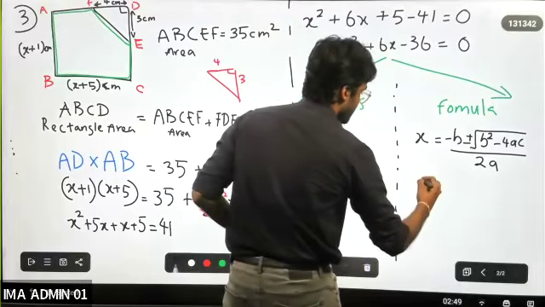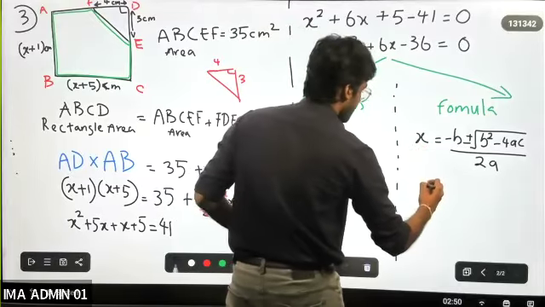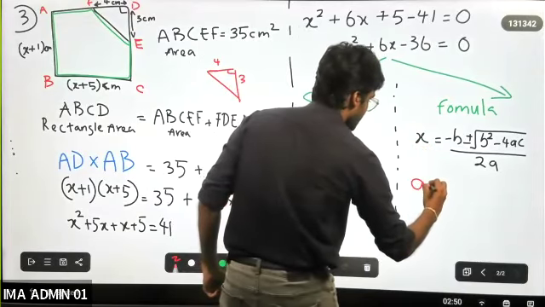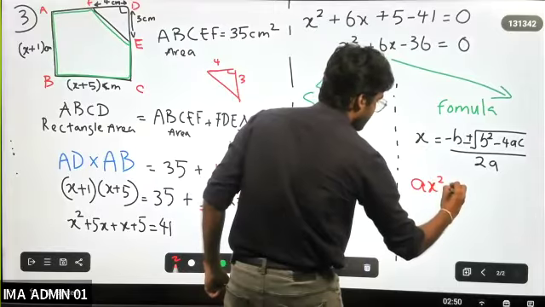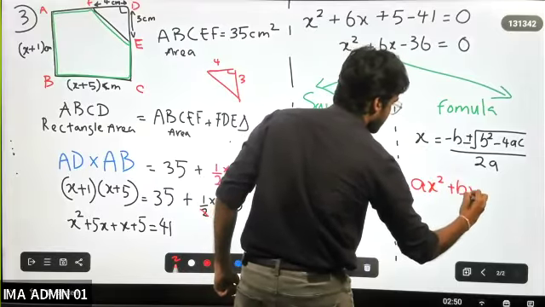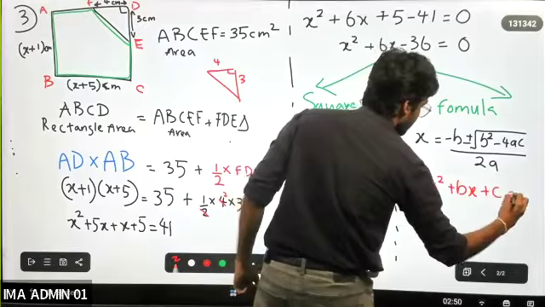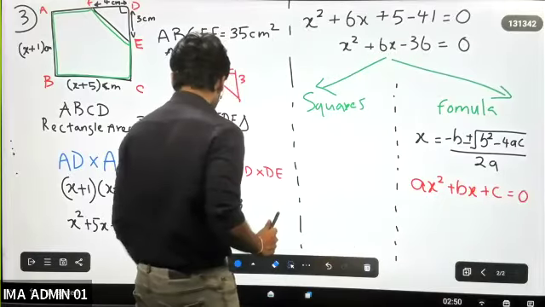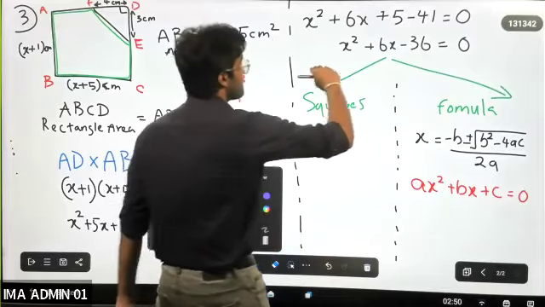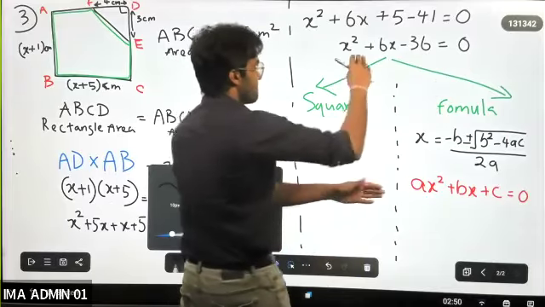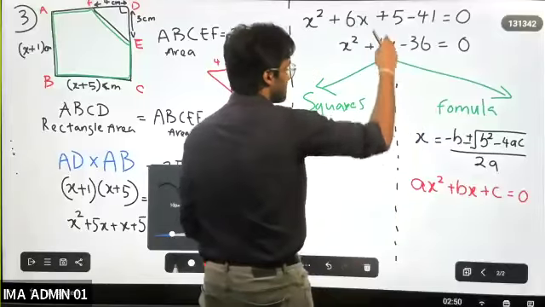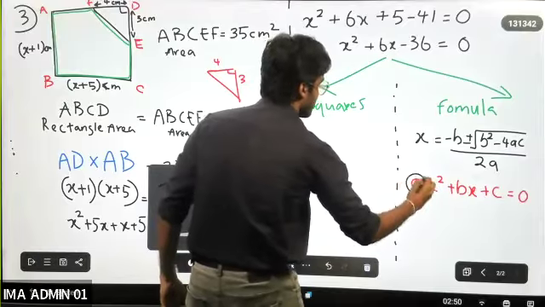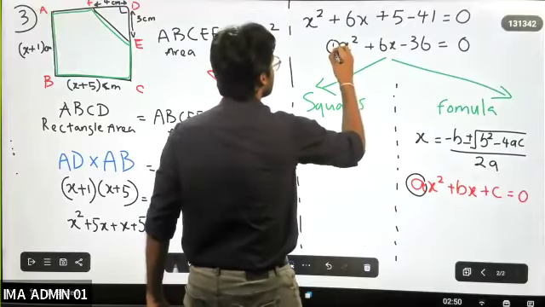This formula actually means we consider a general quadratic equation as ax squared plus bx plus c equals 0. So in this scenario, if we consider the equation we have, these both are equal, then you could see a is actually here. If there is no number, it means it's a 1.